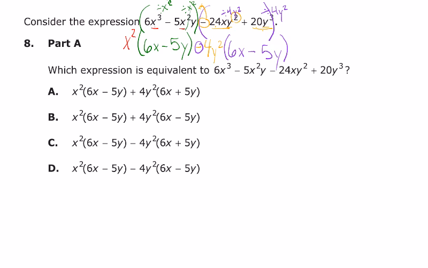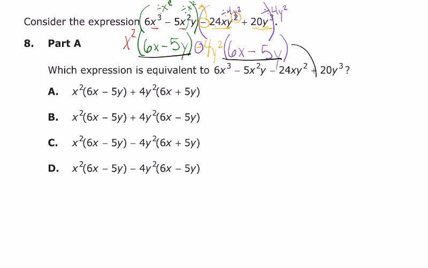Alright, so that's the first step in factoring by grouping, is to factor out a common factor between each pair of terms. And just like we talked about in number 7, if you do it correctly, you'll notice that this and this are the same, right? And so now that's a common factor from each of this term and this term, and so we can factor that out and bring that to the front, right?